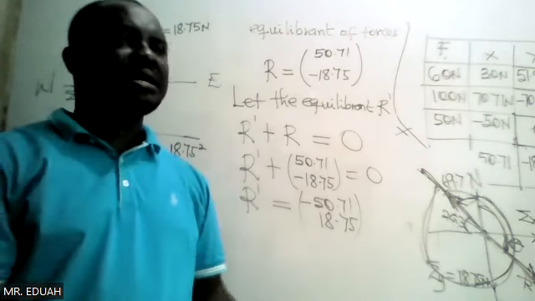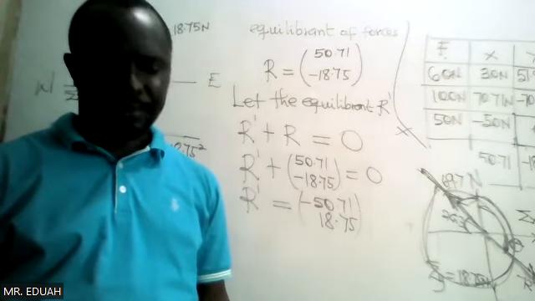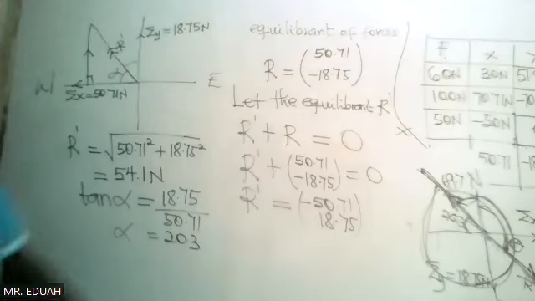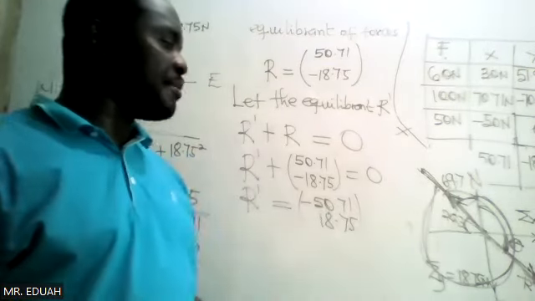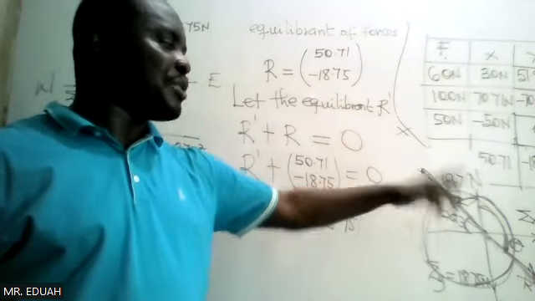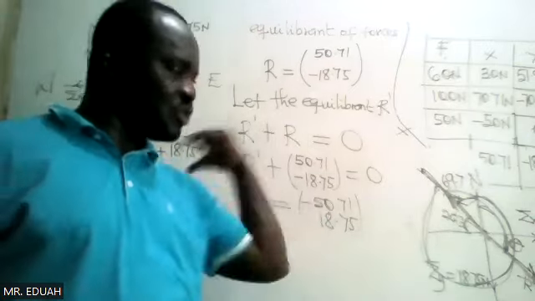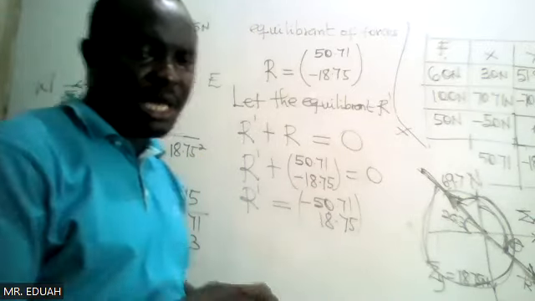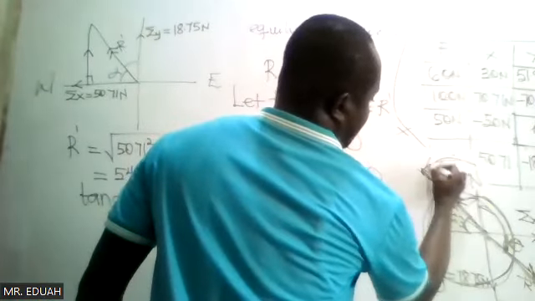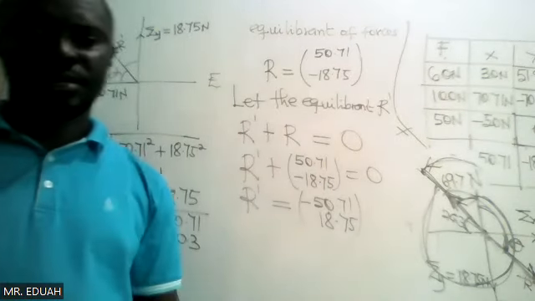Okay. So what will be the direction? The direction will be either 20.3 from the west or 69.7 degrees from the north in an anti-clockwise direction, because here you have to measure in the direction to face the resultant, the equilibrant.